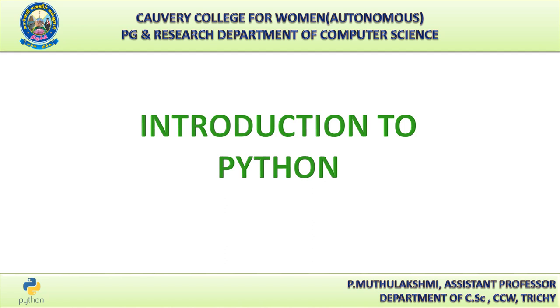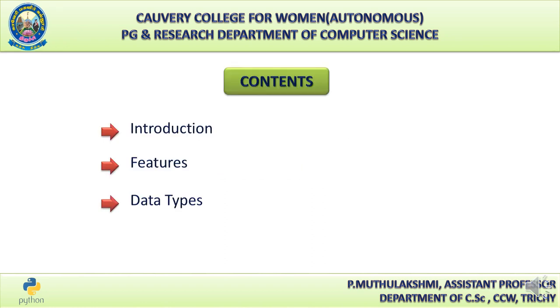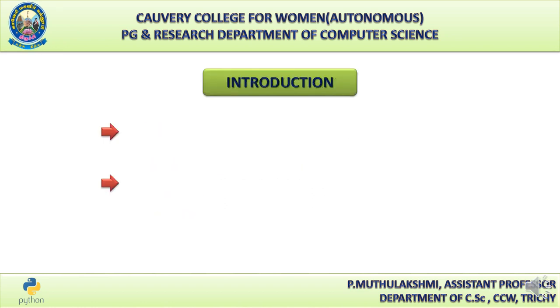In this session, I am going to give some introduction to Python and data types in Python. What is Python? Python is a high-level programming language that contains the features of functional programming language like C and object-oriented programming language like Java.